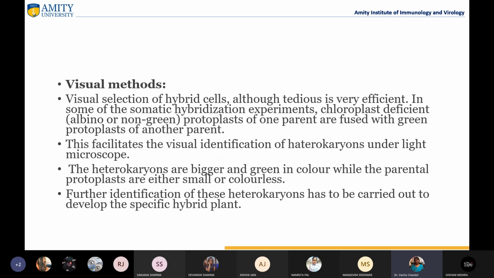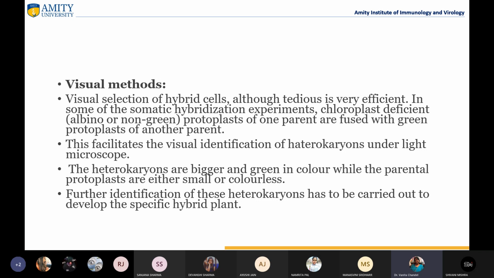Then there are certain visual methods also, right? So visual selection of hybrids, it is though very tedious, but it is very efficient. So in some of the somatic hybridization experiments, the chloroplast deficient protoplast of one parent are fused with the green protoplast of the other parent. So the visual selection methods are not feasible for all the types of the protoplast fusion we are doing. But here they've given an example in which the chloroplast deficient protoplast of one parent is fused with the green protoplast of the other parent.